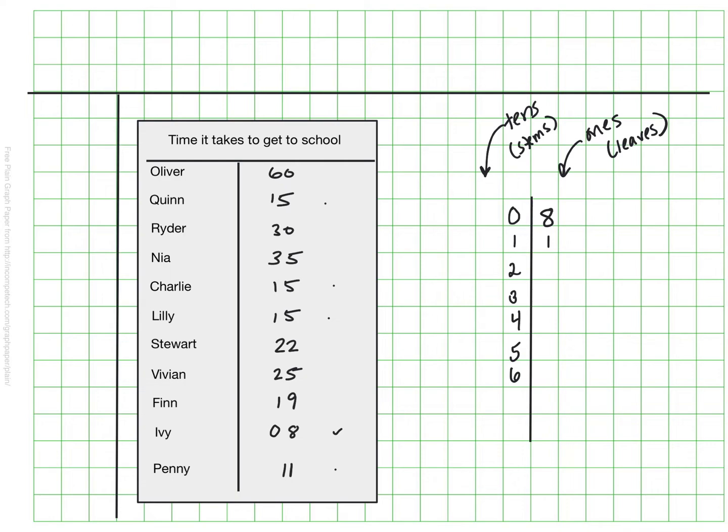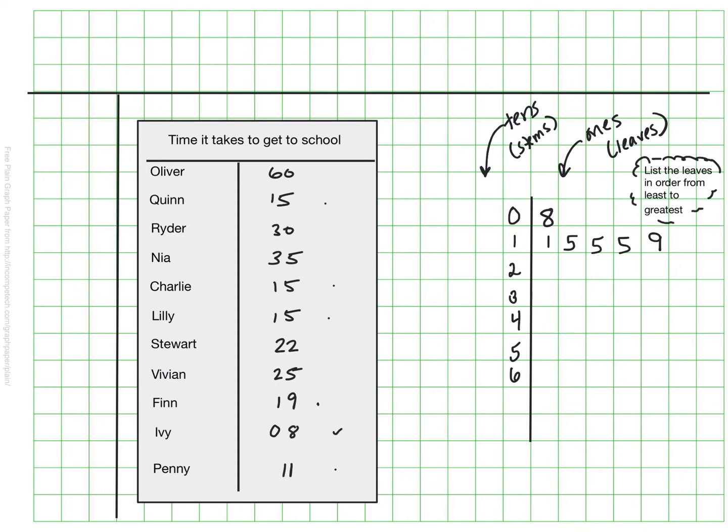Quinn's and Charlie's and Lily's are all, oh, and I have another one here with Finn, are all 15. So I'm going to put a 5 here. 1 5 would be Quinn. 1 5 would be Charlie. 1 5 would be Lily. And Finn down here, 1 9 would be Finn. So I'm compressing everything. These are all numbers that start with 1 as in 10 or teen, and I have them all listed more compactly.